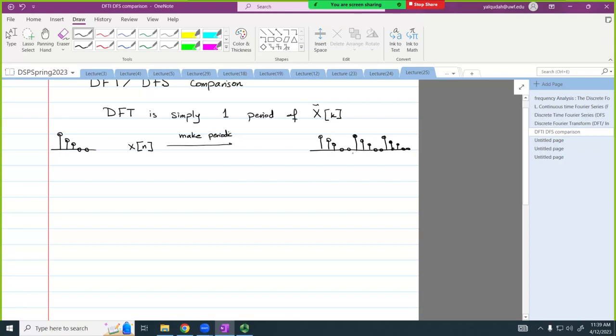And if I take this periodic signal and make it aperiodic, I'm going to get one period of it. Okay. So if I look at the right side, I have a periodic signal. And therefore, if I want the spectrum of this signal, what do I have to use? It's discrete, and it is periodic. I'm going to use the discrete Fourier series.